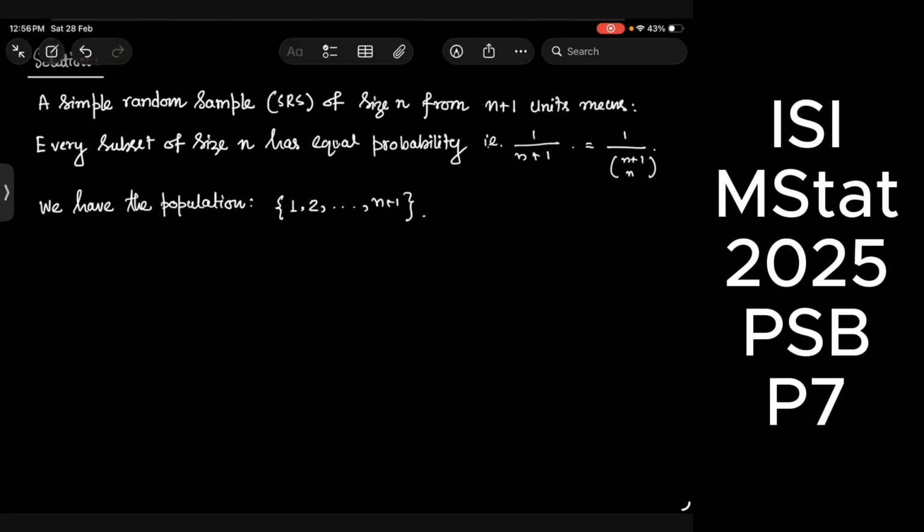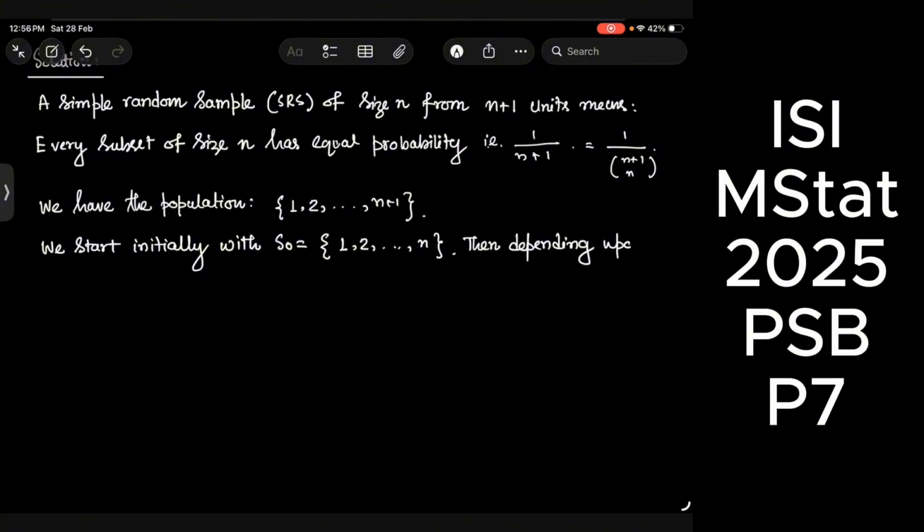We start initially with S naught, that is 1 2 up to n, then depending upon U, that is uniform, we finally obtain S1, right?